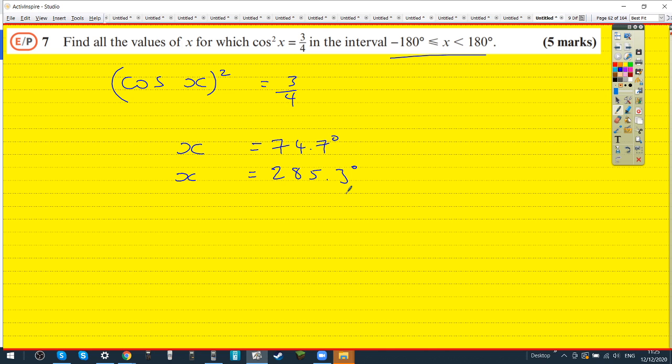And then could you do 285 minus 360? No, 360 minus 285 again. You would get 74.7.